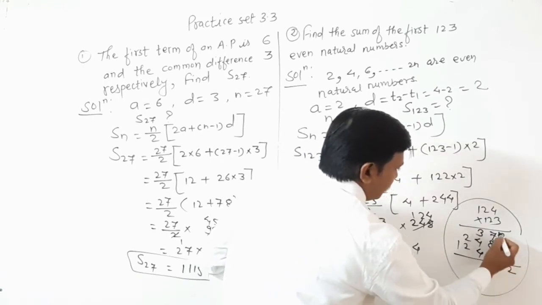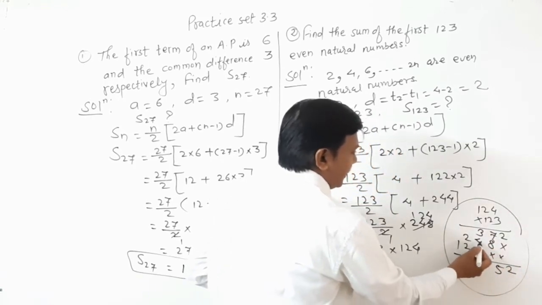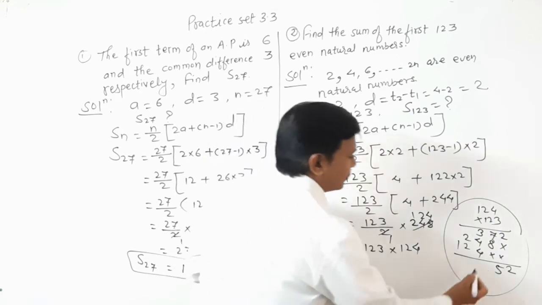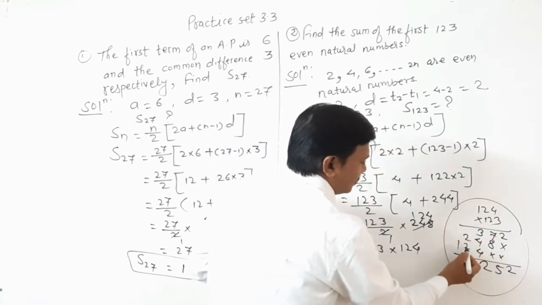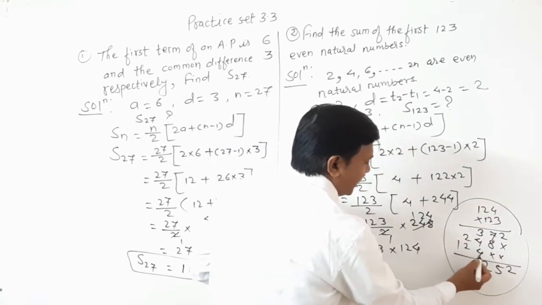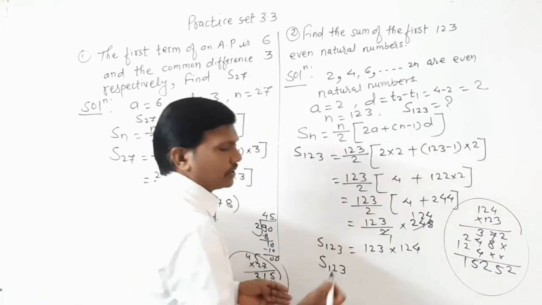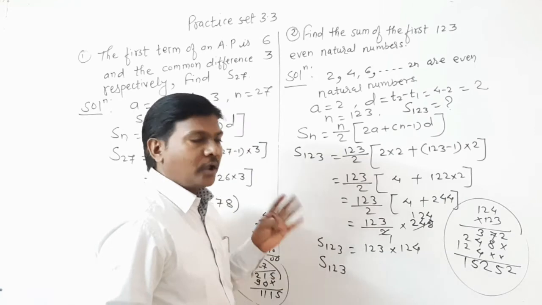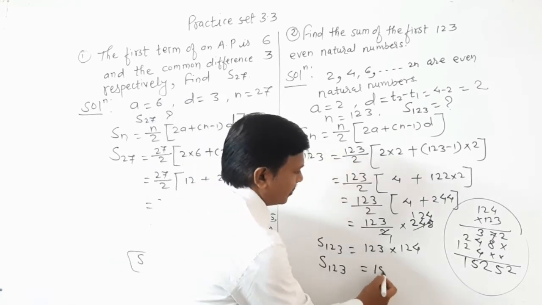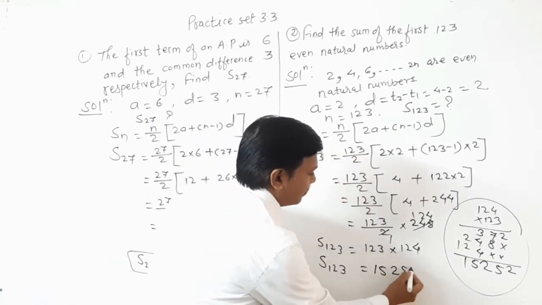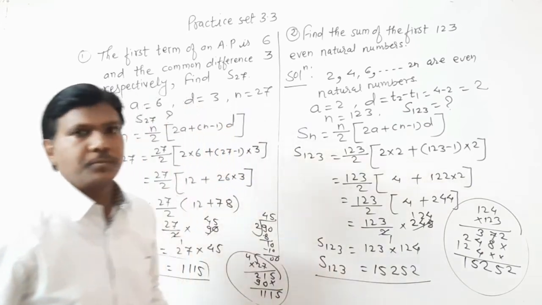So this is 15,252. So the sum of first 123 even natural numbers is 15,252. See?